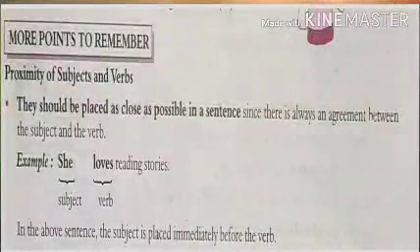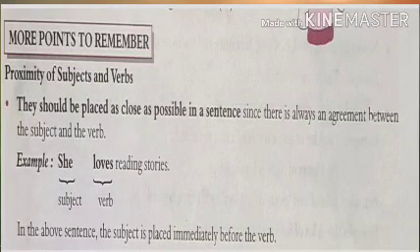Now children, let's look at some rules which are mentioned in your book. This rule is about proximity of subject and verbs. Proximity means closeness. Subject and verb should be placed close to each other.